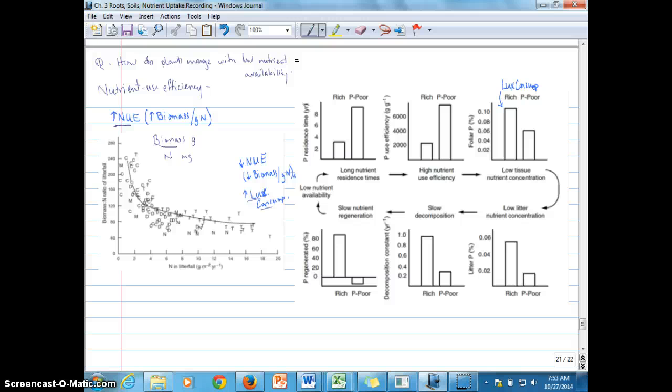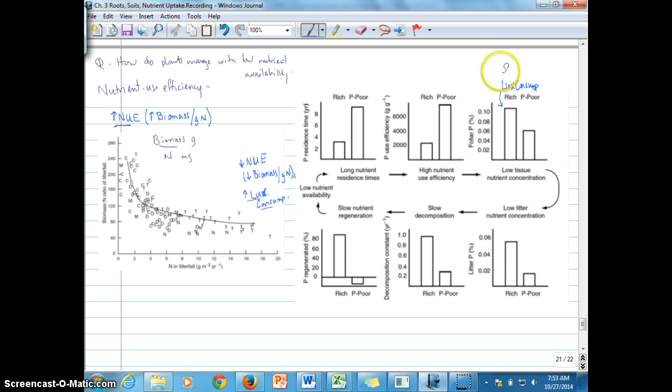So if we turn that into this diagram here on the right, and apply that, in this whole scenario we're looking at plant, soil, ecosystem dynamics, where we're looking at soils that are rich in phosphorus versus soils that are poor in phosphorus or low phosphorus availability.